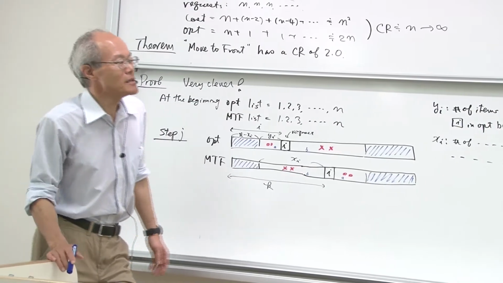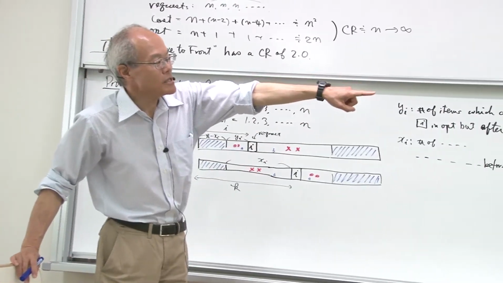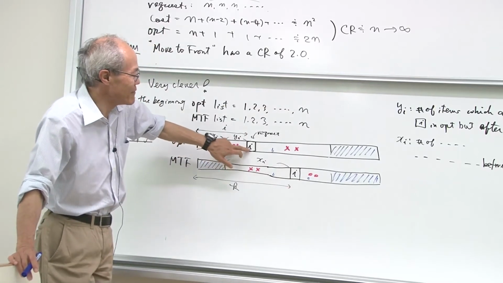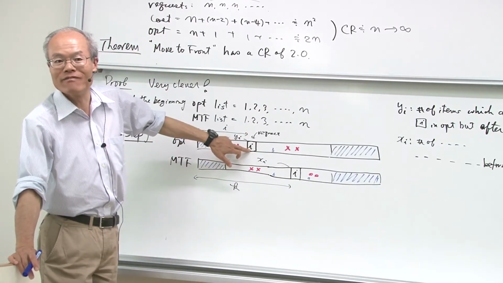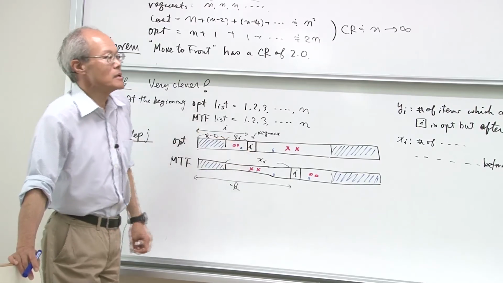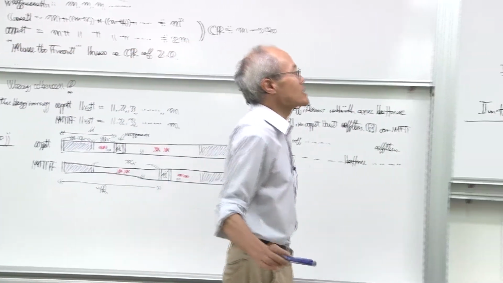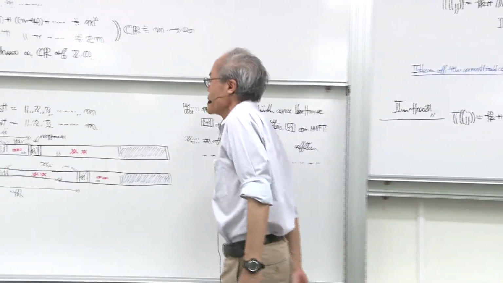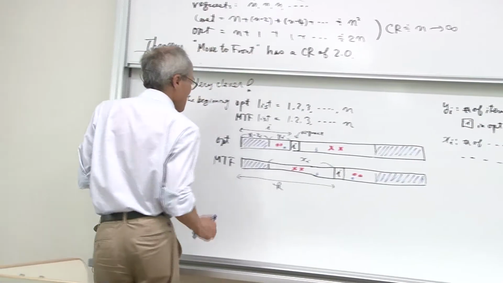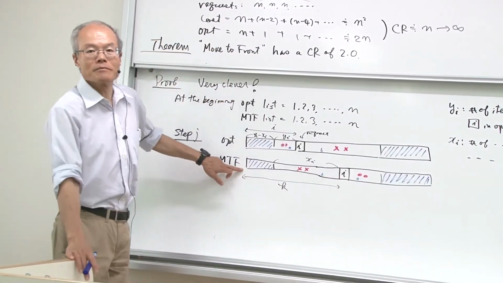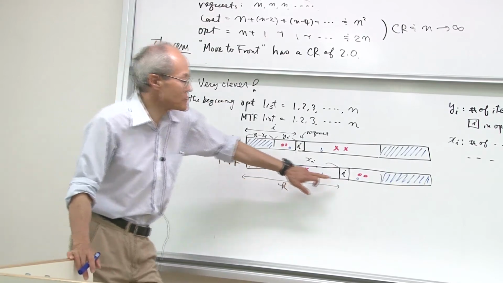So that means it is enough to count only pairs involving this I. That is enough. So, okay? What is inverse j plus 1? This is step j, and at step j plus 1, this guy comes to the top.